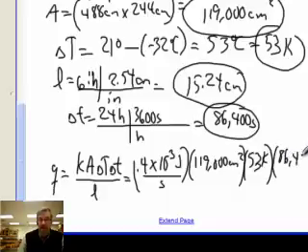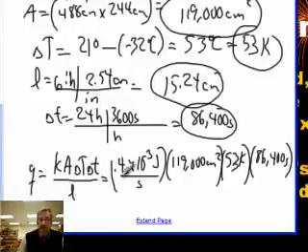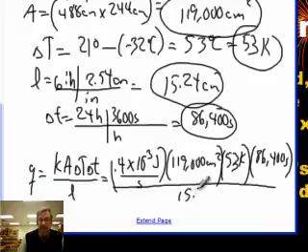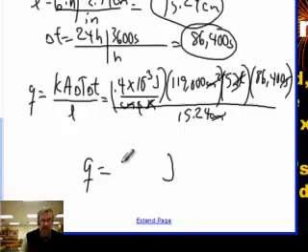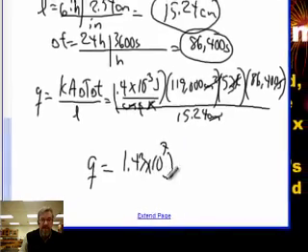That's 86,400 seconds. And that's all going to be divided by the path length, which was 15.24 centimeters. Well, this unit, I forgot, included also centimeters and kelvins. So what's going to happen here? Seconds are going to drop out as we predicted. Kelvins will drop out. Centimeters squared drop out, and we end up with units of joules. So Q ends up being equal to 1.43 times 10 to the 7th joules.